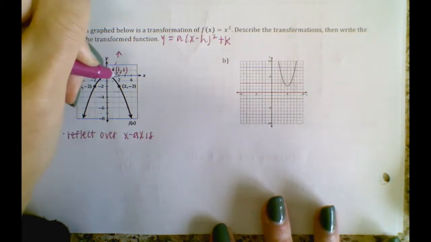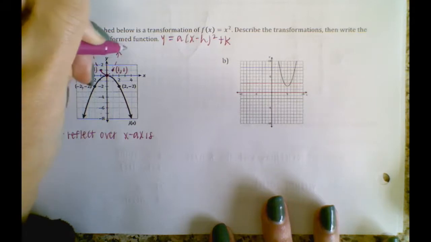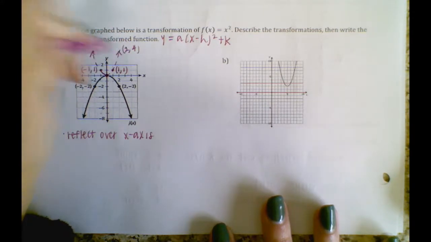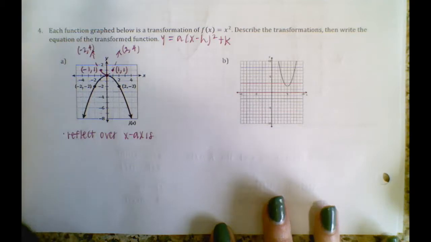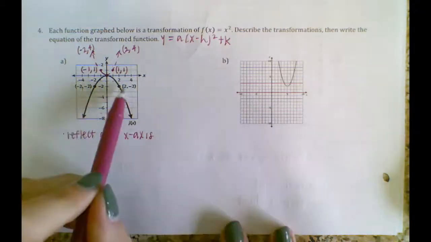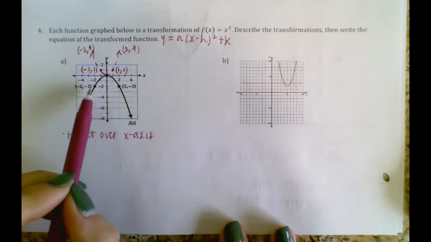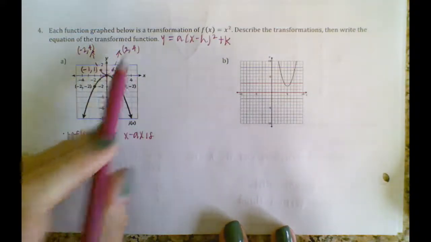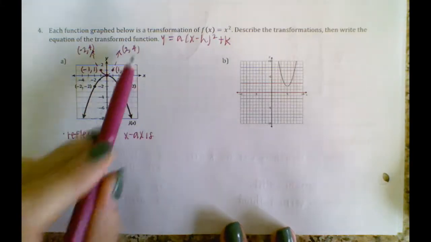Another coordinate point we technically would have on the parent function would be 2, 4 and negative 2, 4. So it looks like maybe these 2 and the negative 2, that these y values are just half of the new y values and it's reflected.